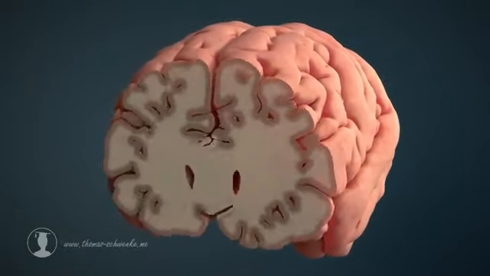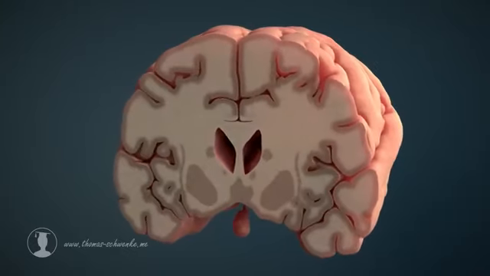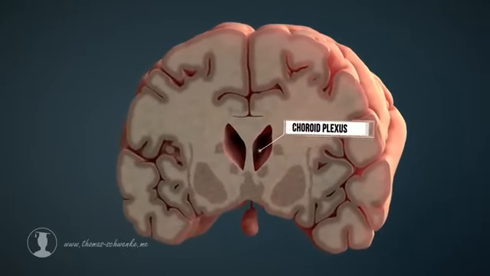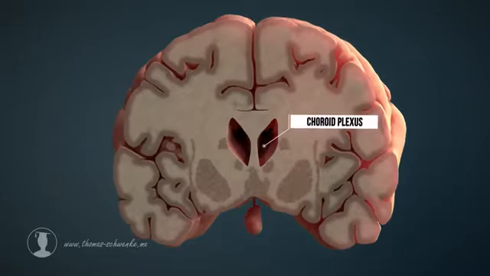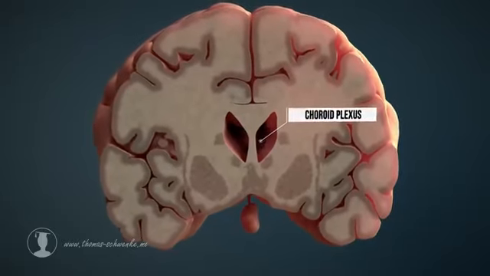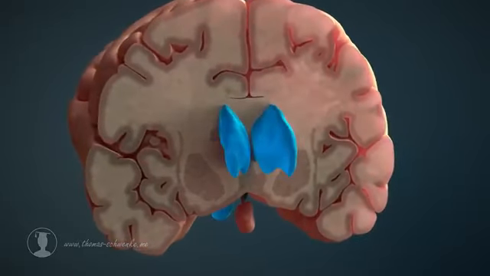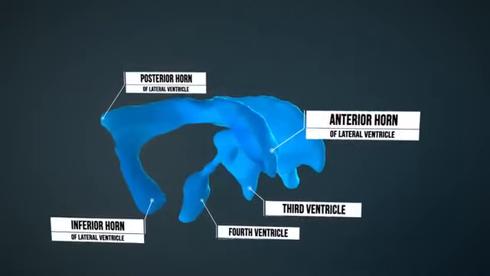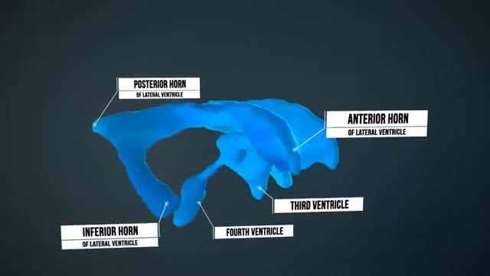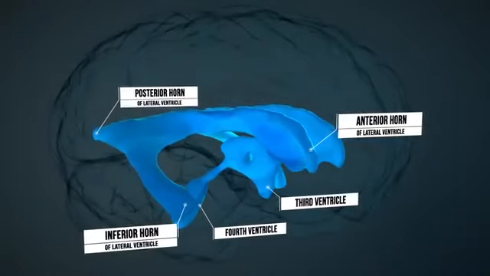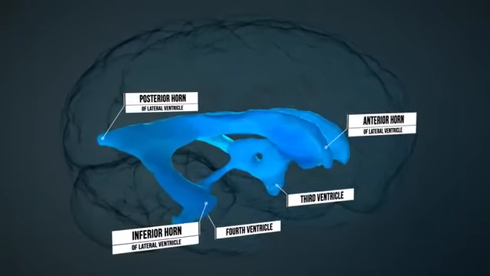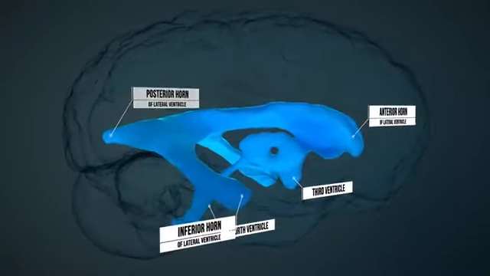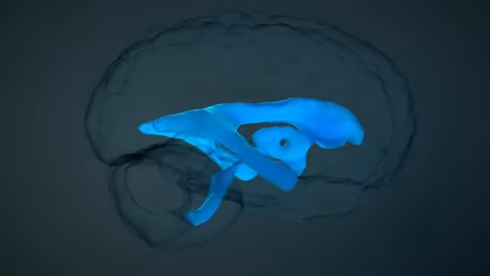Around 500 milliliters of cerebrospinal fluid is produced by cells in the brain per day. The cerebrospinal fluid circulates not only in the subarachnoid space, but also in cavities known as ventricles. Ventricles are commonly divided into lateral ventricles and the 3rd and the 4th ventricles.